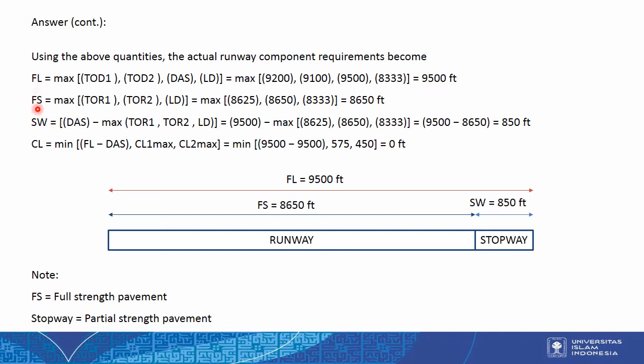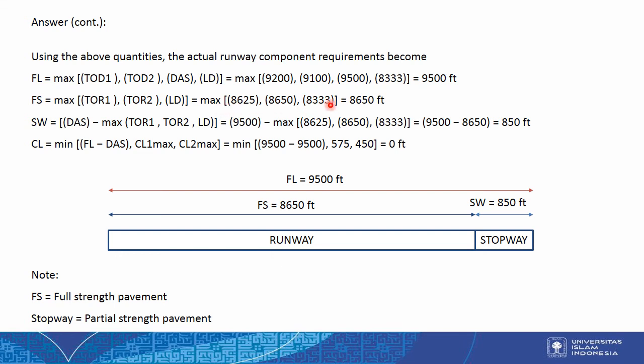Now we calculate the FS. It's the maximum number from TOR1, TOR2 or LD. The TOR1 is 8,625, TOR2 is 8,650, and LD is 8,333.